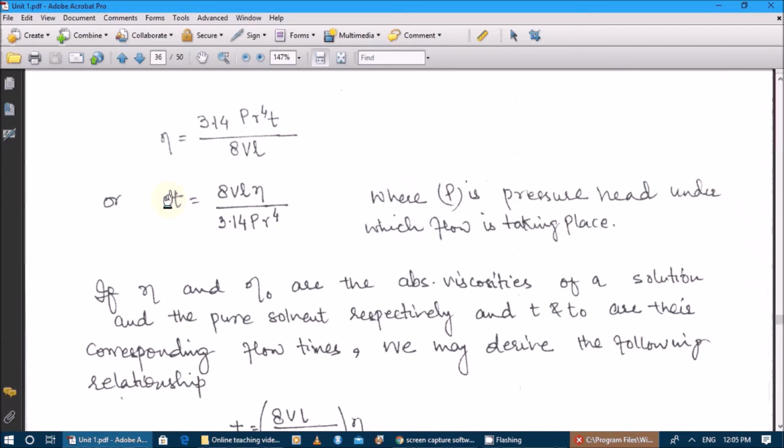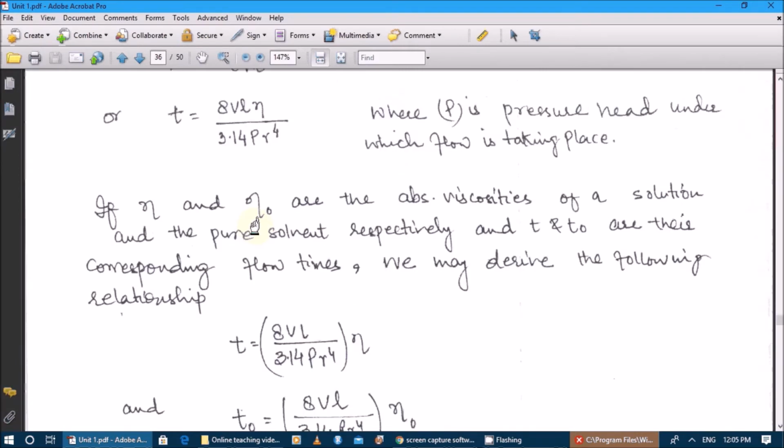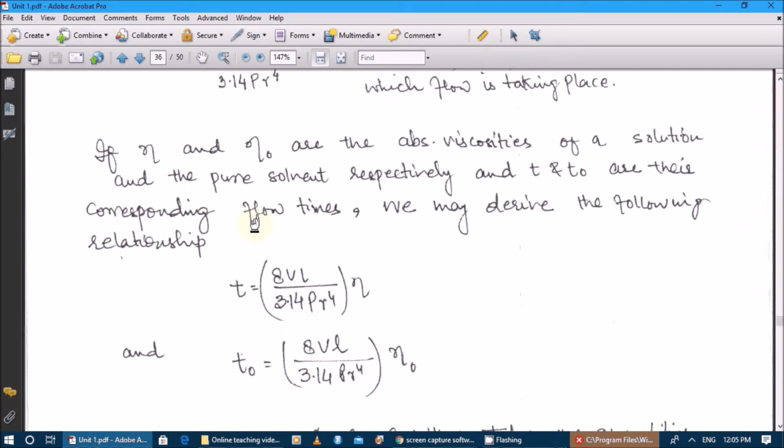So this is the time required for the volume V of the liquid to pass through the capillary of radius R and length L under the pressure head P. If eta and eta naught are the absolute viscosity of the solution and the pure solvent, you can see eta naught is the viscosity of the pure solvent and eta is the absolute viscosity of the solution.